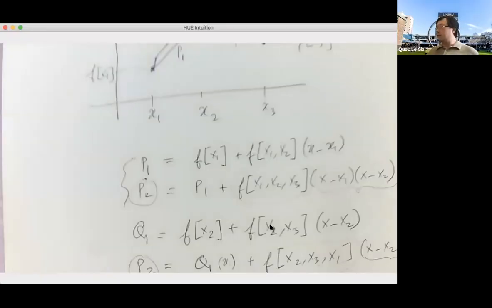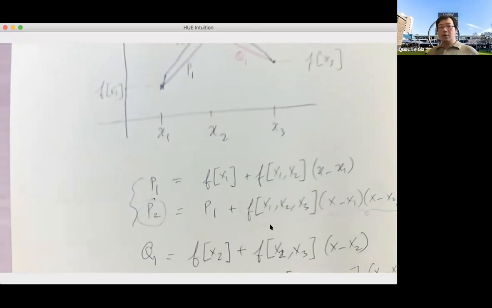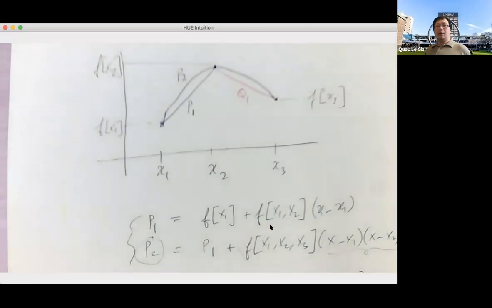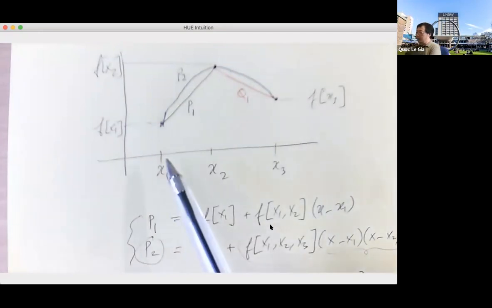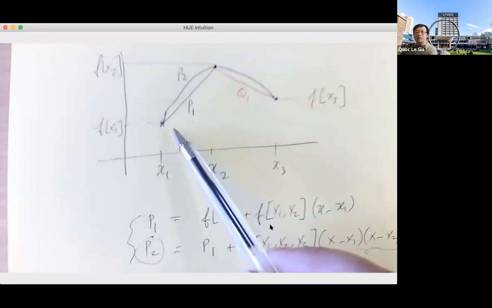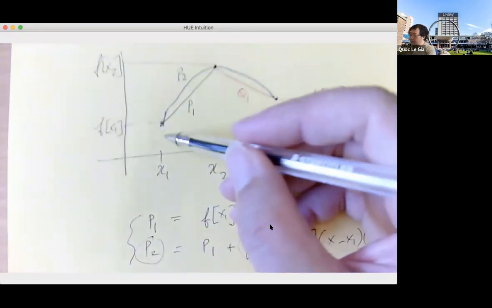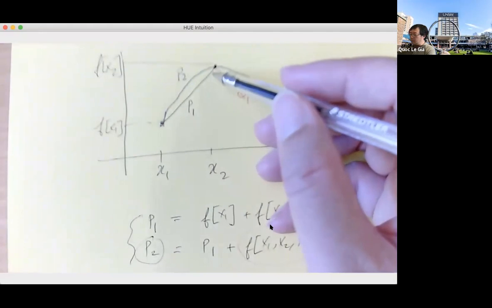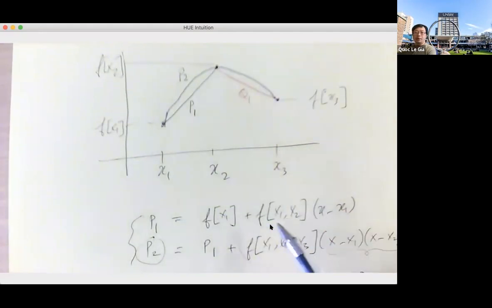You have 3 points, x1, x2, x3, and then you construct P2 in two ways. First, you construct P1, so it goes through x1, x2. So P1 is just the line that goes through x1 and x2. We know how to find the divided difference of the 2 points already.